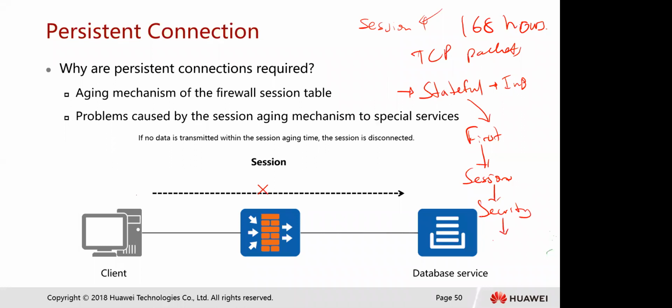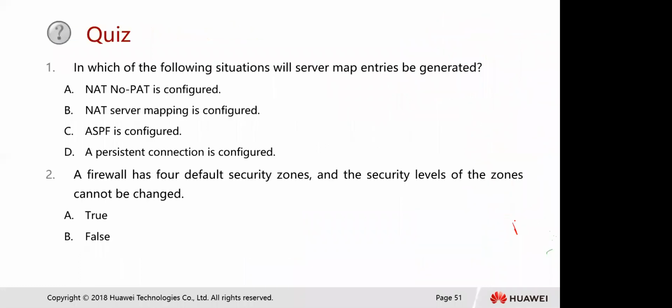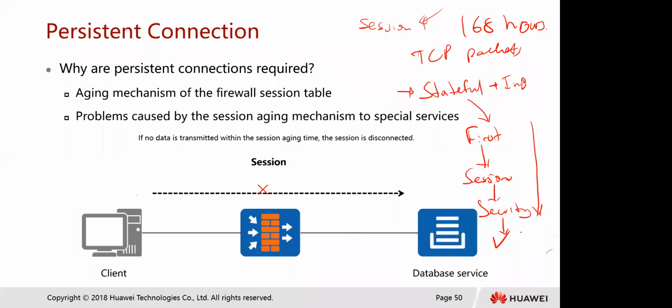And if that's the case, it will permit the packet. And when you send other packets, which are not the first packet, it will not check them. It will just forward the subsequent packets, isn't it? Do you remember that? It will not check them if you have enabled stateful inspection.